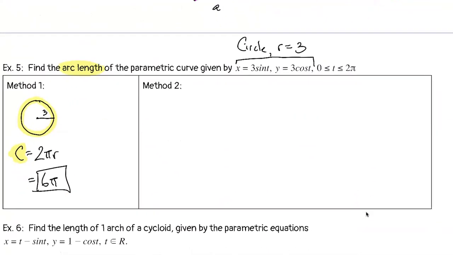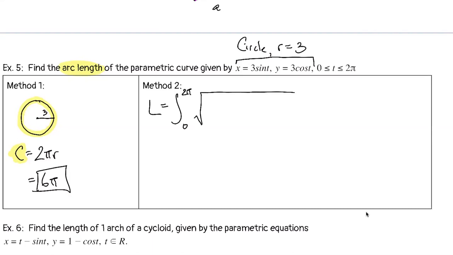My arc length is going to equal the integral from 0 to 2 pi, because that's where I start and that's where I stop. The square root, okay, so this is like the square root of a squared plus b squared.